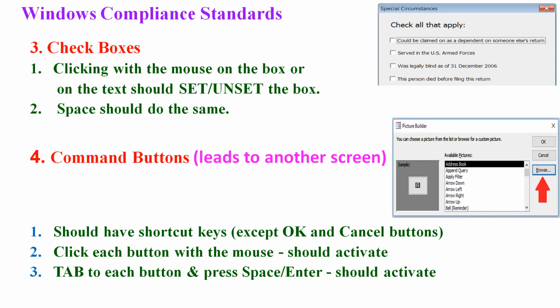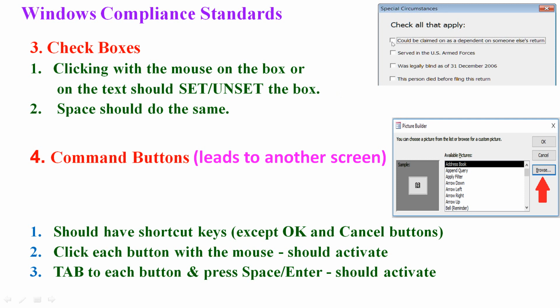Yeah. And check boxes. See, this is the example of a checkbox. So, a software test engineer has to cover these 2 criteria with respect to checkbox. Clicking with the mouse on that box or on the text should set or unset the box. What it means? The user should be able to set.